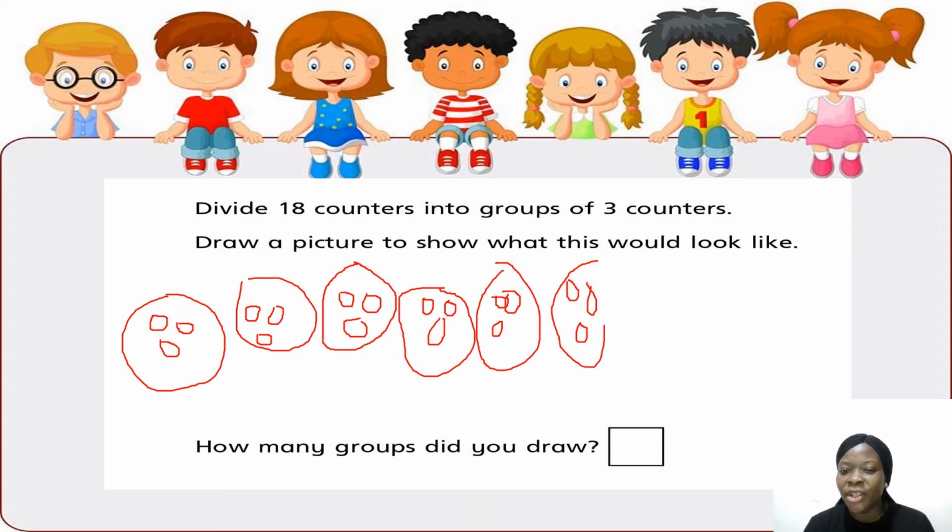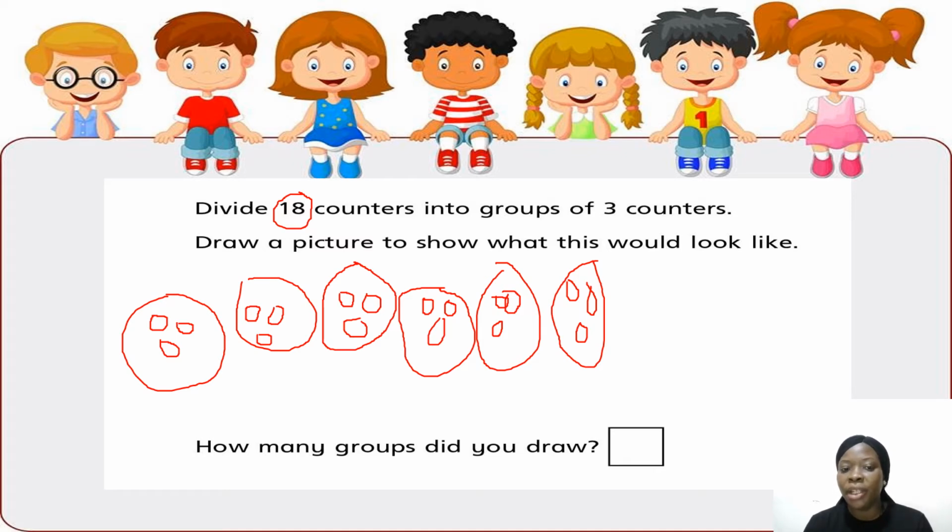Am I going to continue going? No, I'm going to stop because we have how many counters at the beginning? 18 counters, and we're asked to divide these 18 counters into groups of 3 counters. Now, they want to find out from us how many groups did we draw.